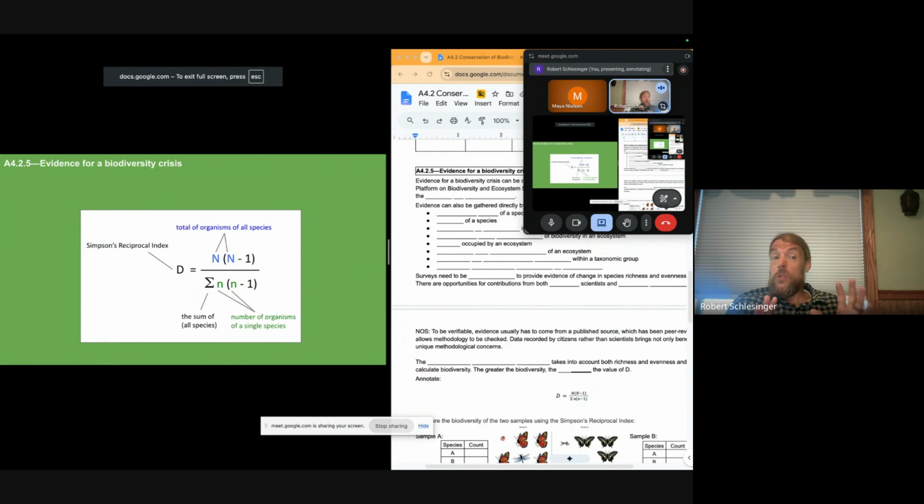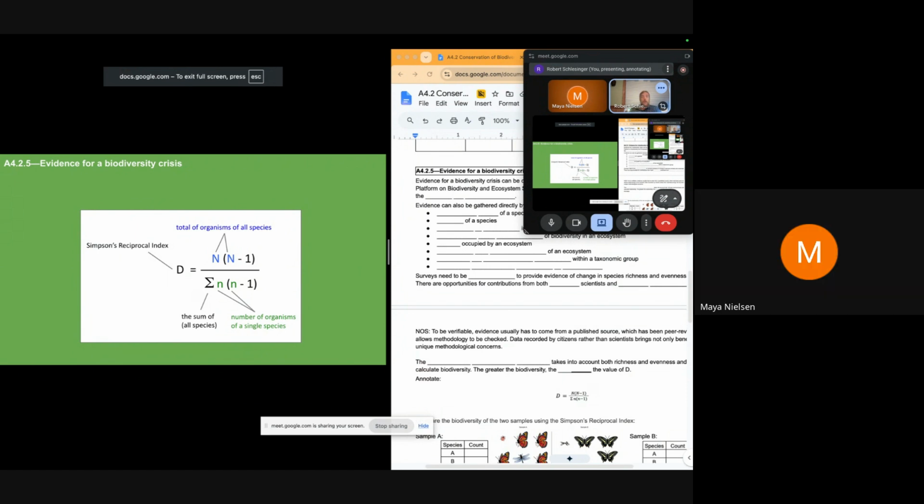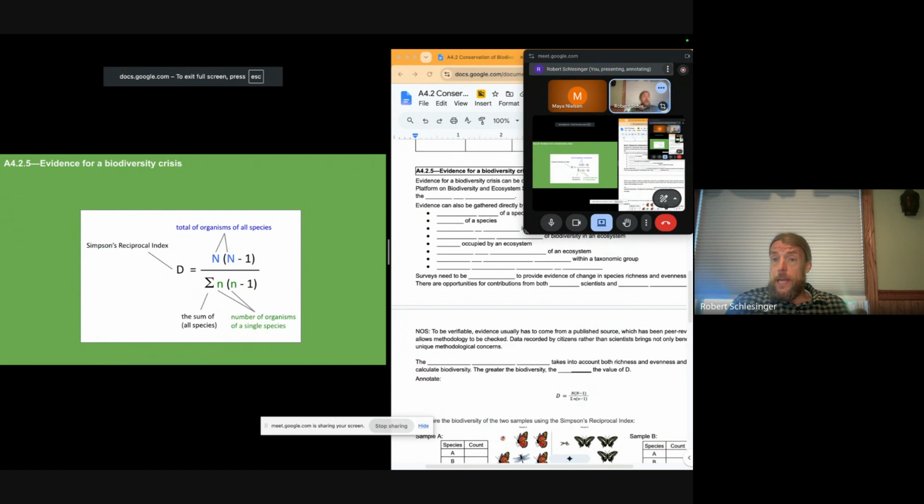That's the total number of organisms of all species. That's what the big N stands for. And then the little n is the number of organisms of a single species. So for example, if I have one species that has seven individuals, then my little n number is 7.